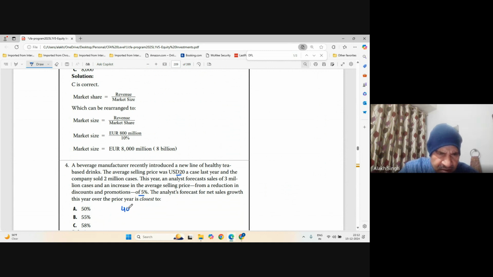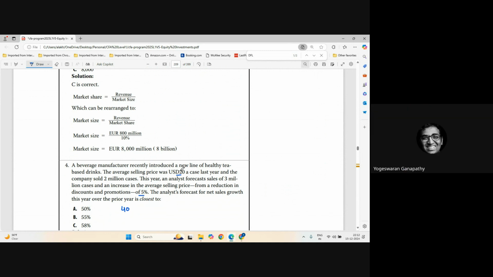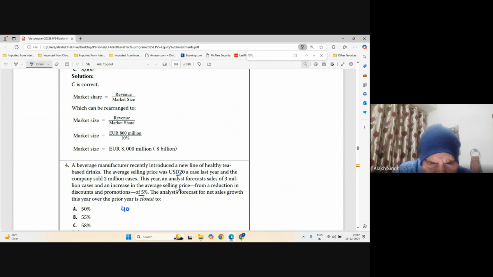Is this correct? Yes, sir. The company sold 2 million cases. What will be this year's sales forecast? 3 million cases. With a reduction in discounts of 5%, this 20 becomes 19, because 5% less from discount. So 19 times 3 is 57.